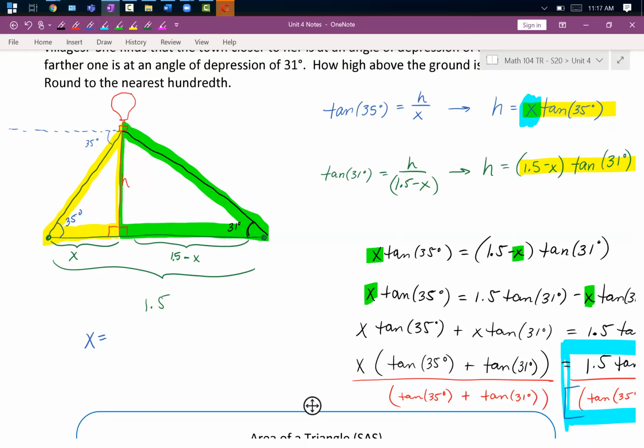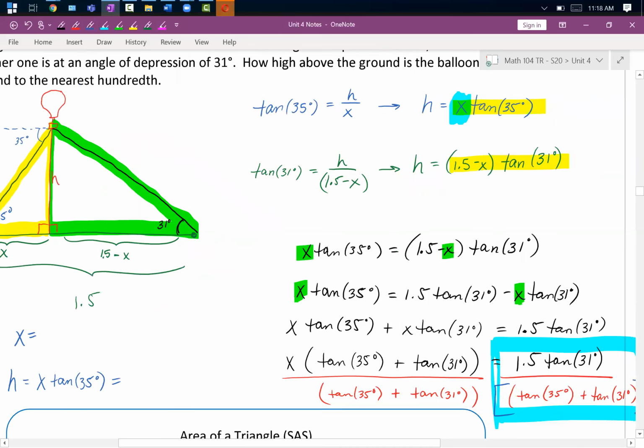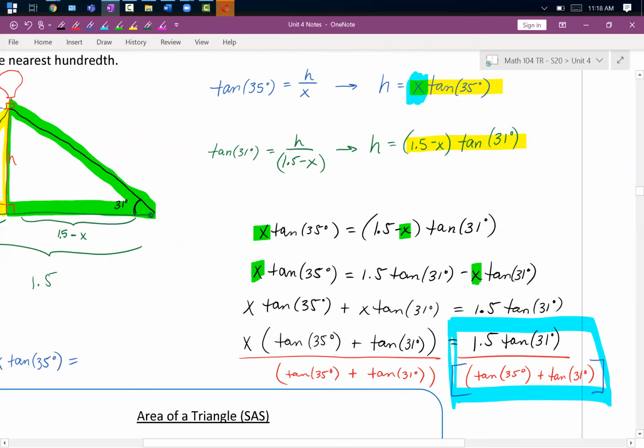So if someone wants to pop that in their calculator, let me know, and we'll have our h value. I think I got the answer. Your final answer, the height? No, the x value. Okay, what'd you get for your x value? 9.072. That is not what I have written in my notes. Are you in degree mode? Yes.